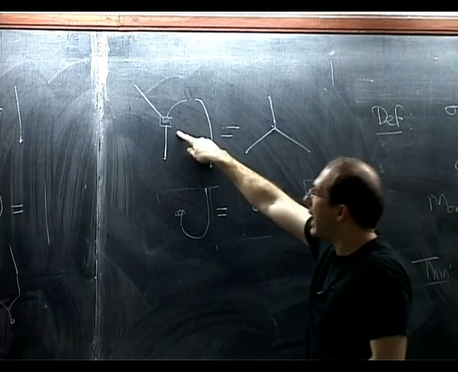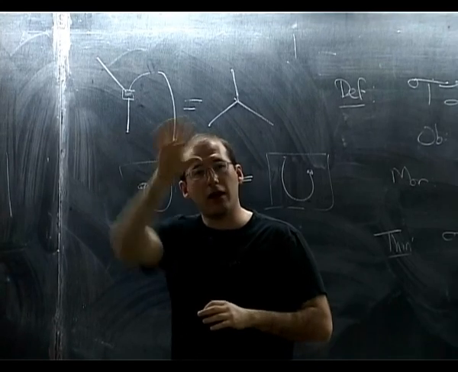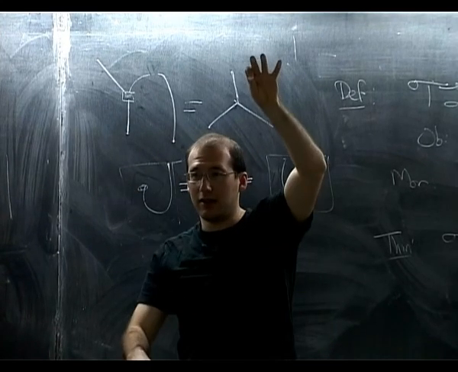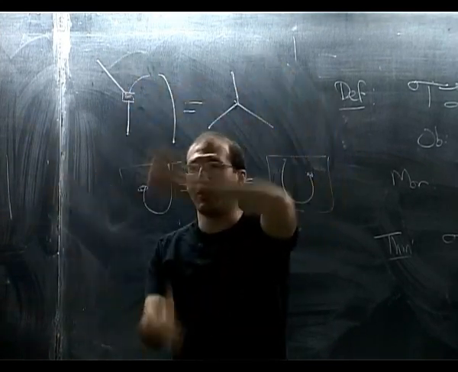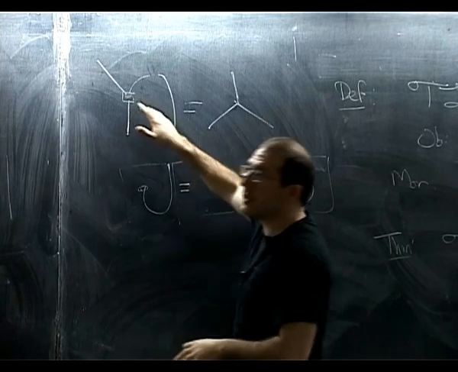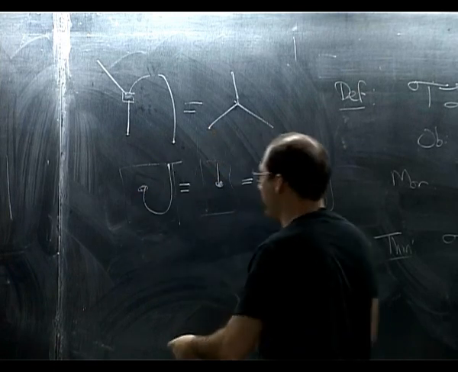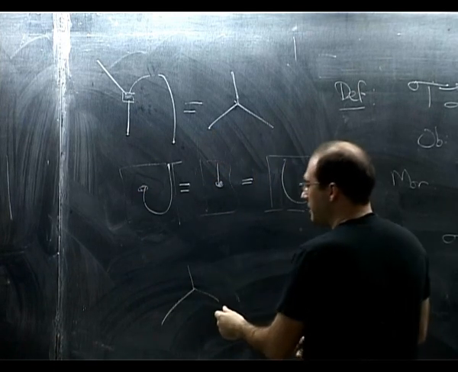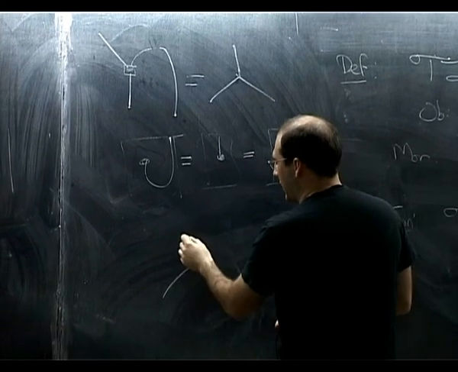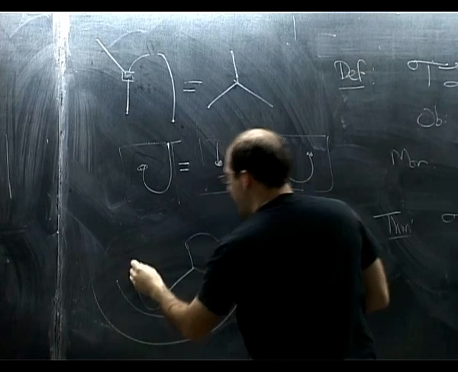This thing actually has rotational symmetry if you rotate it by 120 degrees, not by 360. Cyclicity says that if you rotate a picture by 360 degrees, you get what you started with, but for this picture, if you rotate it by 120 degrees, you get what you started with. What do I mean by rotate by 120 degrees? Here's 180, here's 360.